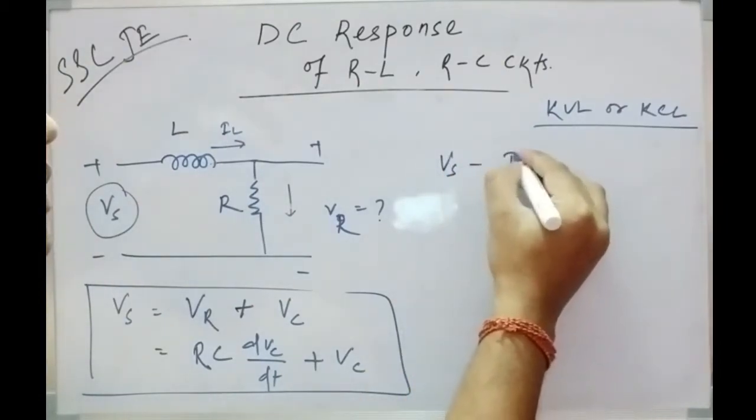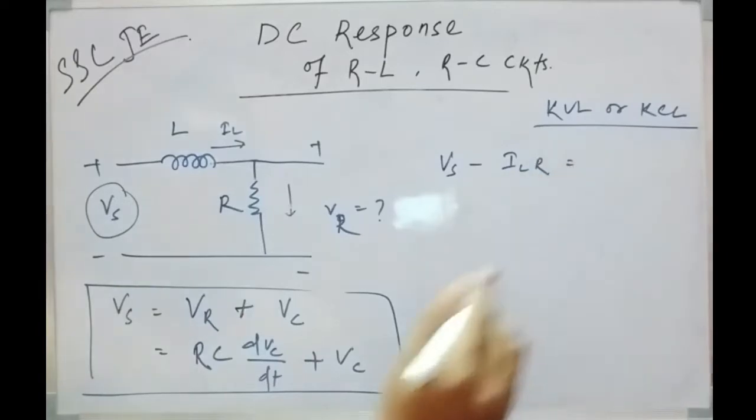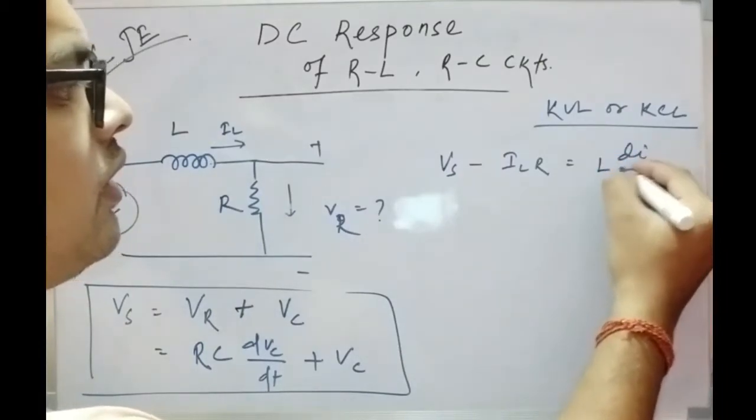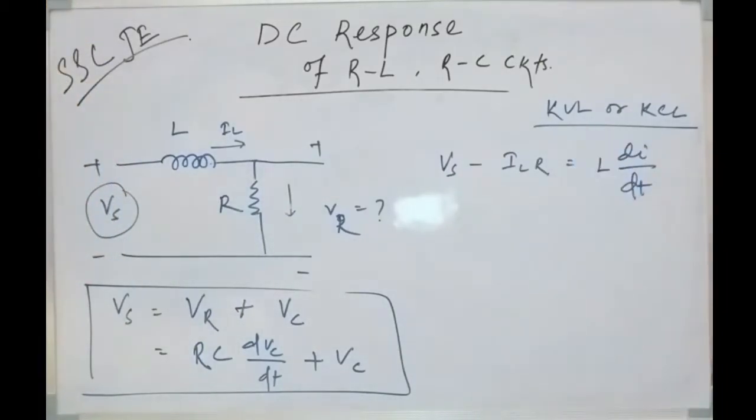Vs minus IL into R equals what? How much is the voltage drop across the inductor? That is L di by dt. Fine, this is the KVL for this circuit.